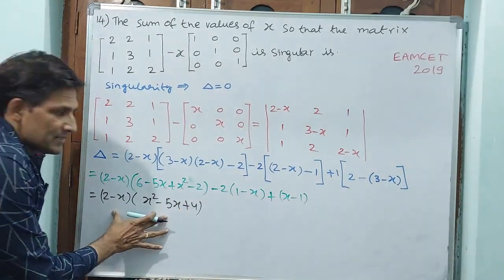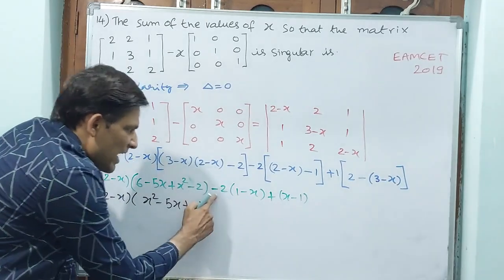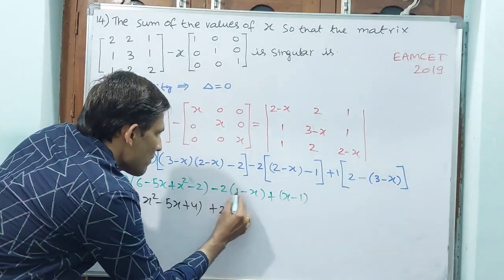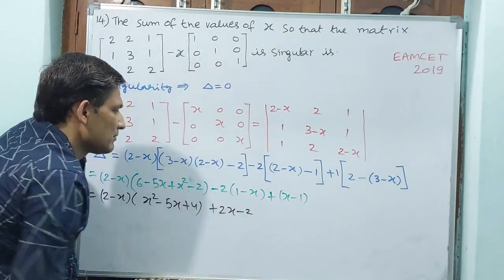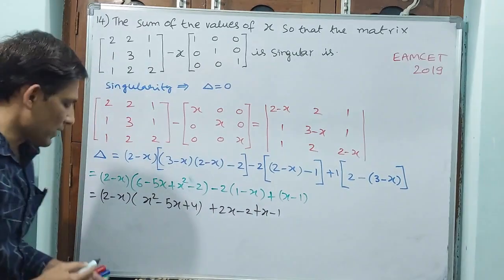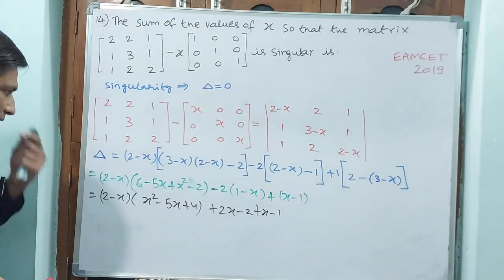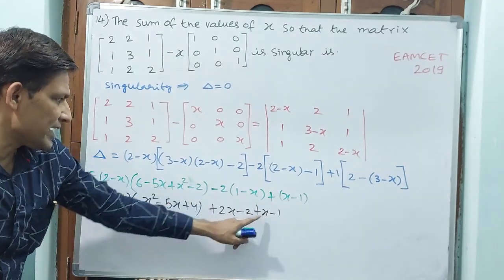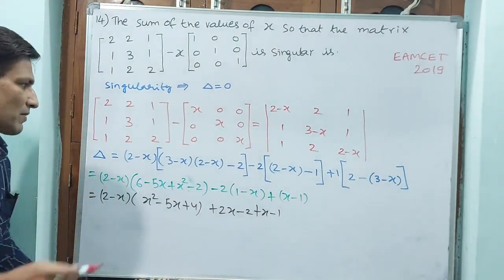First you have to multiply this, then only you can do something. You see, minus plus 2x shall I write? 2x minus 2. What we call 2 into 1 minus 2 plus x minus 1. Okay? Yes, sir. Then go for, now this is okay, 2x plus x, 3x minus 3 we can write afterwards.